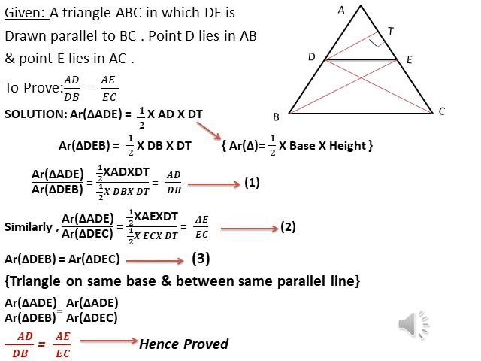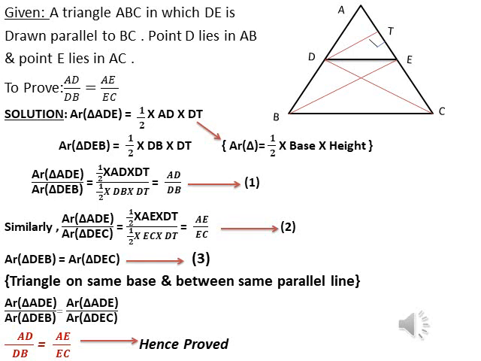So I can write, area of triangle DEB is equal to area of triangle DEC. So this is our third conclusion. Because what is the reason? They are triangles on the same base and between the same parallel lines.